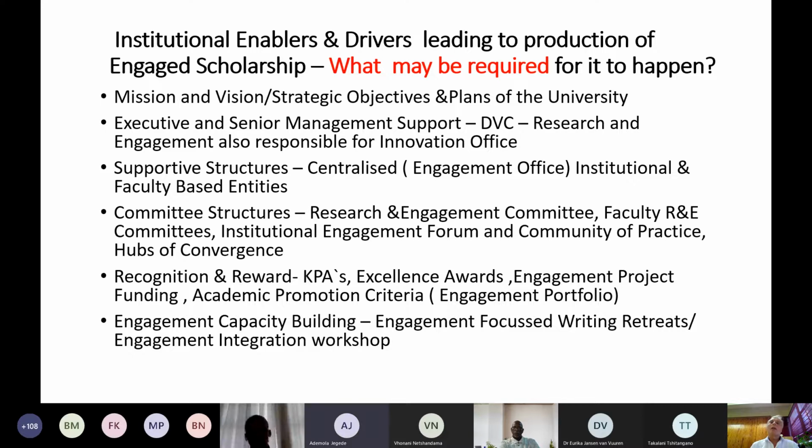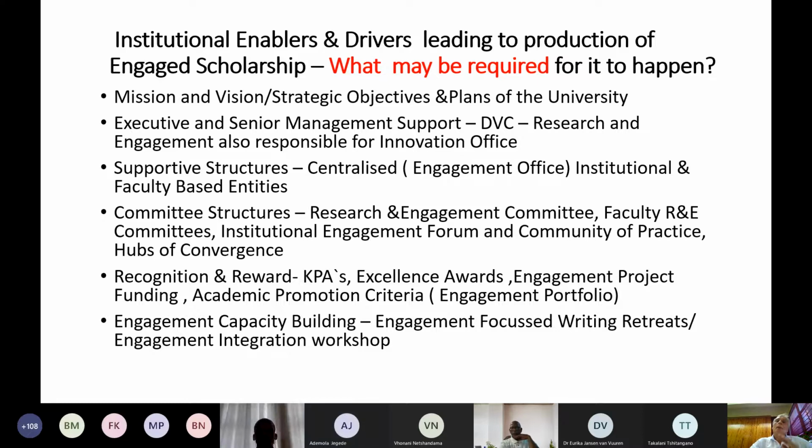But what we found is required for this to happen, and again I want to emphasize, is that it should be reflected in your mission, vision, your strategic objectives, your plans of the university. Executive and senior management support needs to be there. Your DVC needs to be at a very high level, because it needs to be one of these key performance areas.